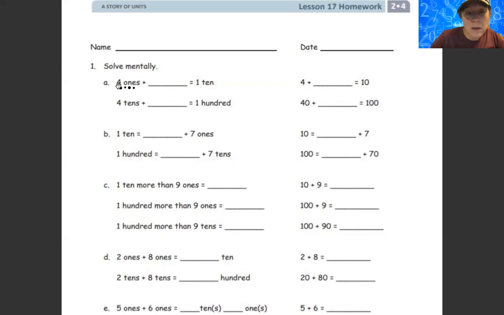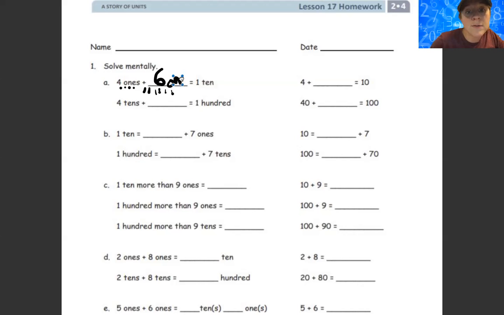Well, let me think. 4, let's see, 5, 6, 7, 8, 9, 10. How many did I add there? 1, 2, 3, 4, 5, 6. I added 6 more ones, and that equaled 10. So 4 ones plus 6 ones.